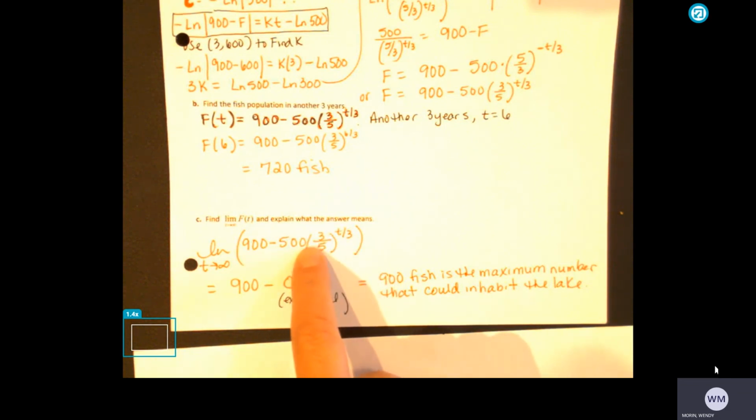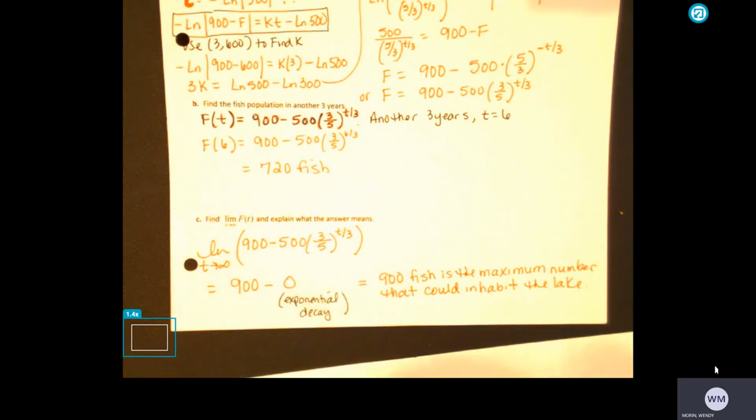It's going to approach 0. So your limit is 900. So what does that mean? That means 900 fish is the maximum number that could inhabit the lake. And that is something we're going to start referring to as the carrying capacity when we do logistic growth.